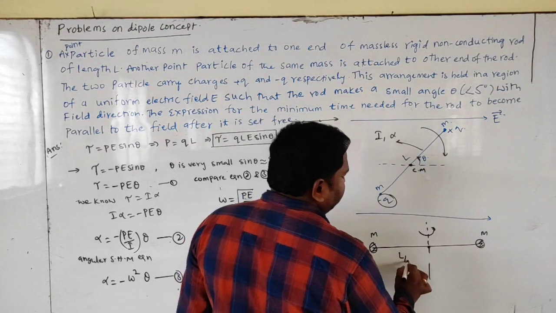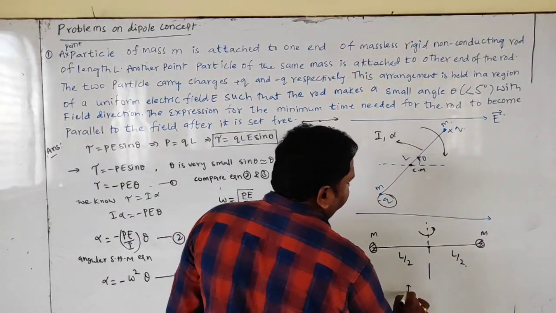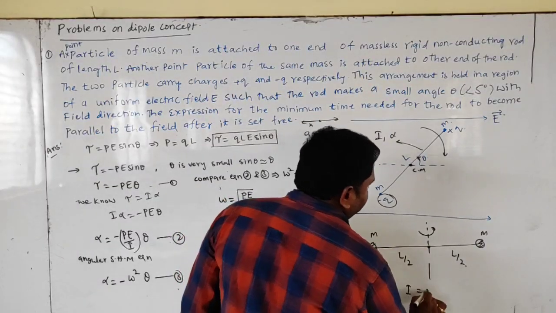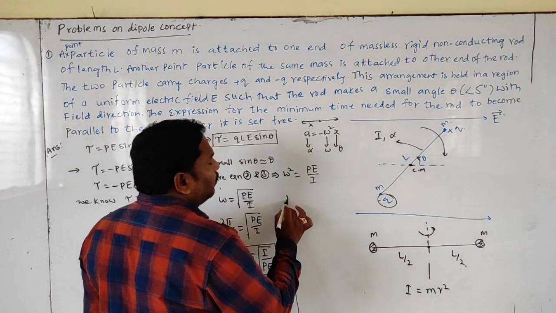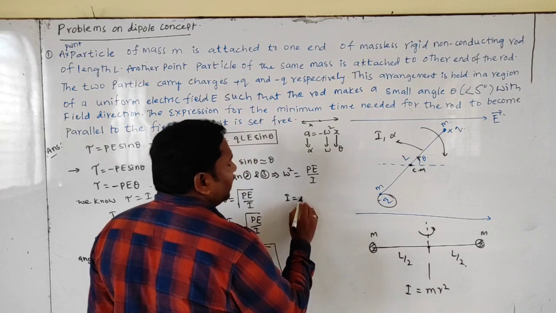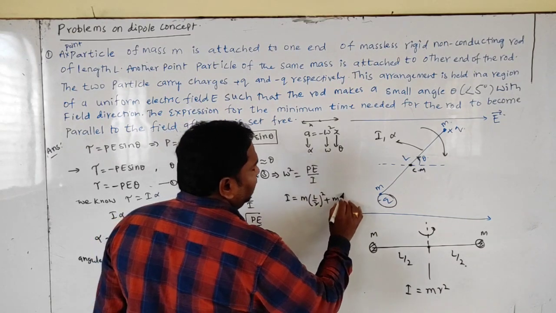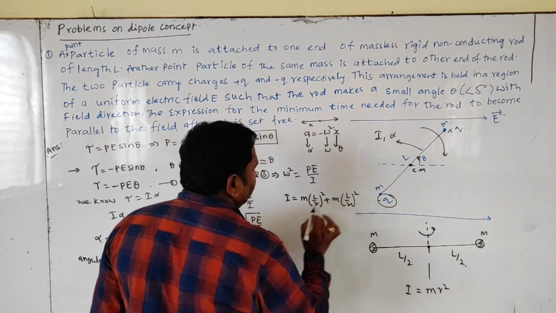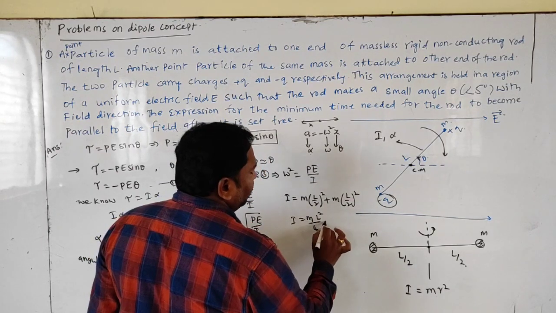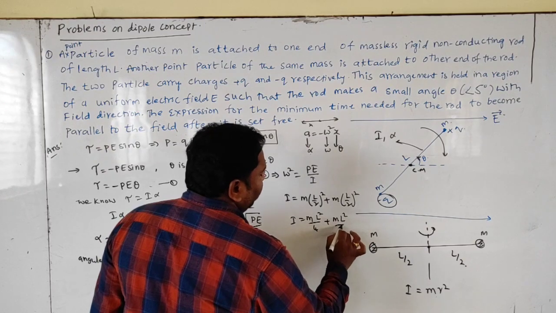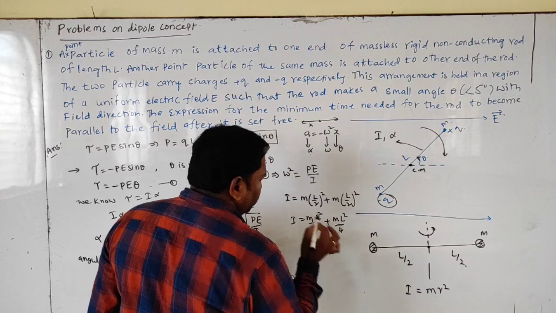So from here to here the distance is L by 2 on each side. The moment of inertia formula is m r square. So the total moment of inertia is m into L by 2 whole square plus m into L by 2 whole square. So I equals m L square by 4 plus m L square by 4, so the moment of inertia is m L square by 2.